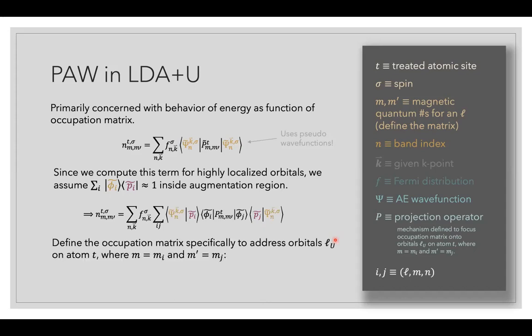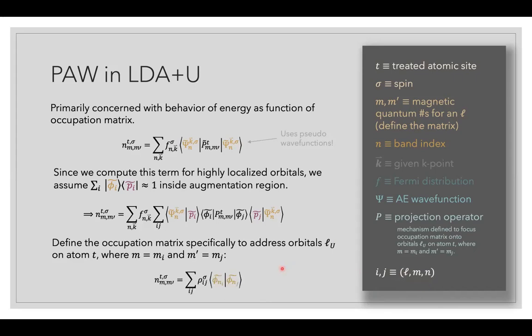Now, we can condense it when we define the occupation matrix specifically to address the orbitals L sub u, so a specific angular momentum, on a specific atom T, where m is equal to mi and m prime is equal to mj. Just beware here that i and j now refer to three terms: the angular momentum, which will be Lu, a magnetic angular momentum, and a plane wave index n.